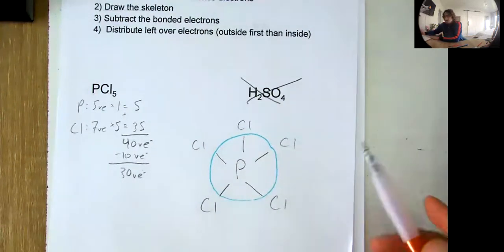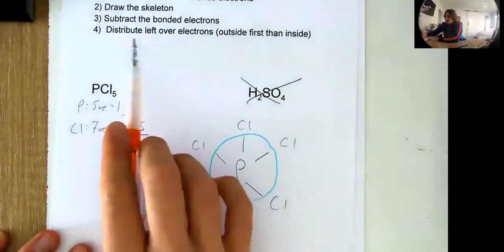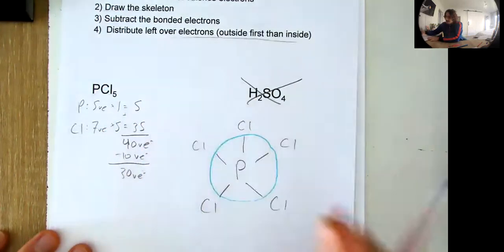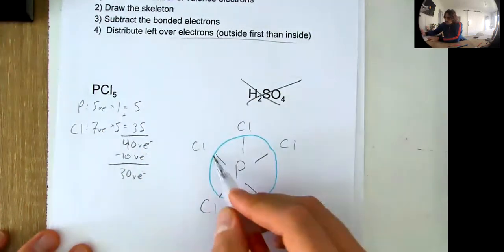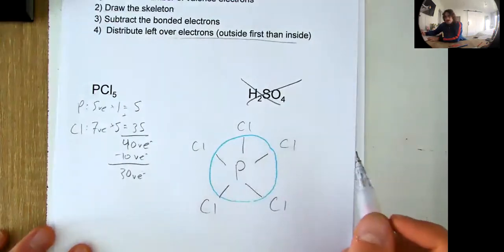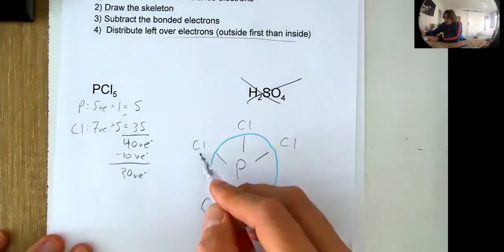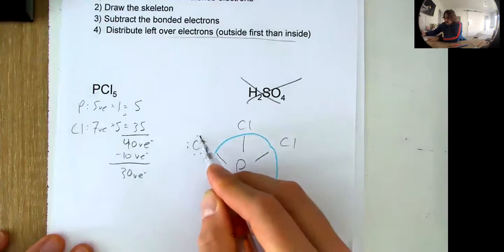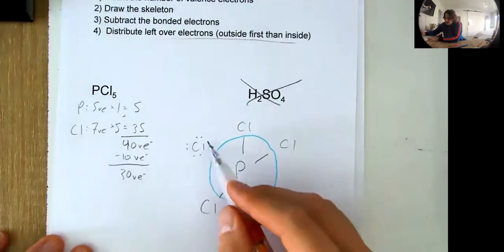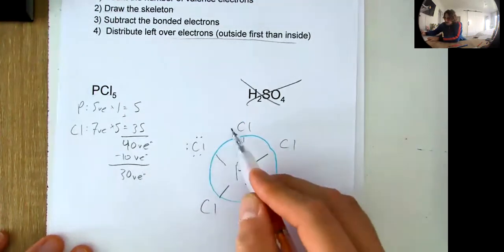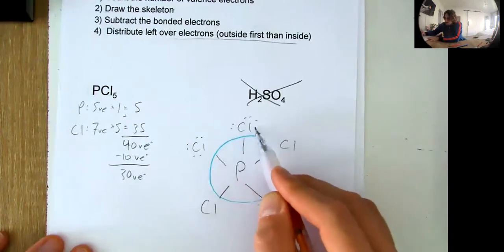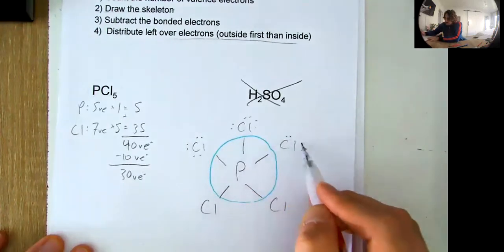And where are we going to draw them? We're first going to distribute the leftover electrons on the outside, then the inside. Well, each chlorine is only sharing 2, so we know that each chlorine needs to have a total of 8. So each chlorine needs to have 6 dots around it, and then each chlorine will have 8. So we know that has to be true.